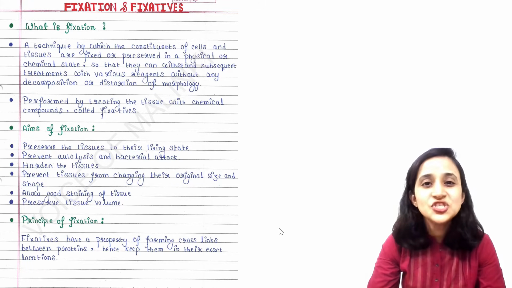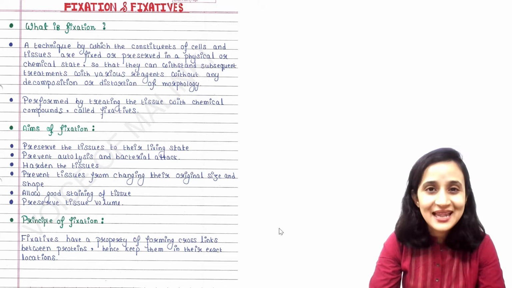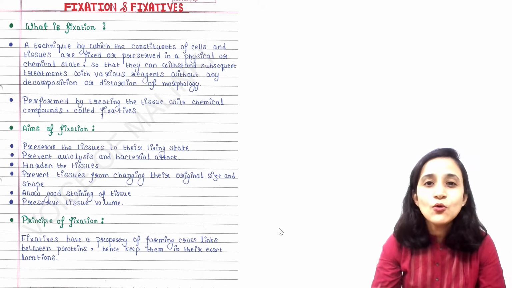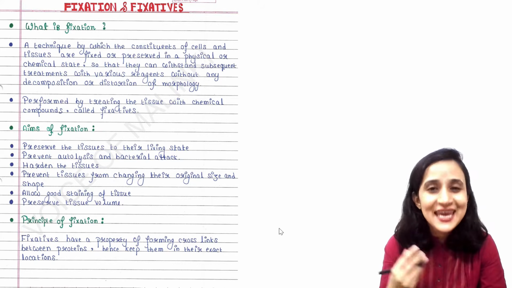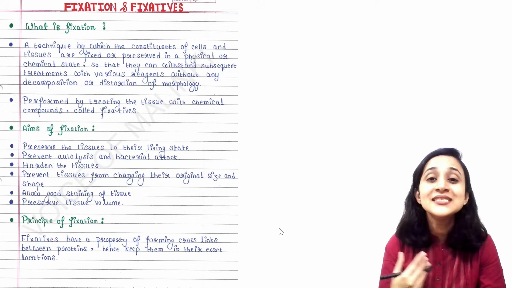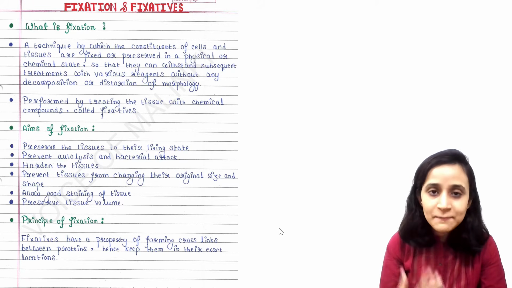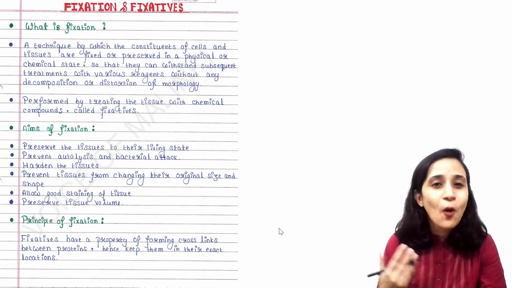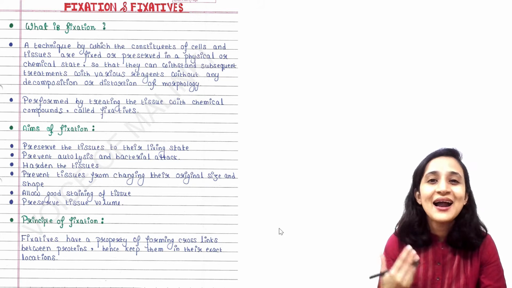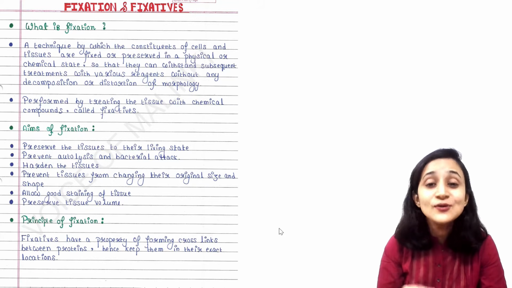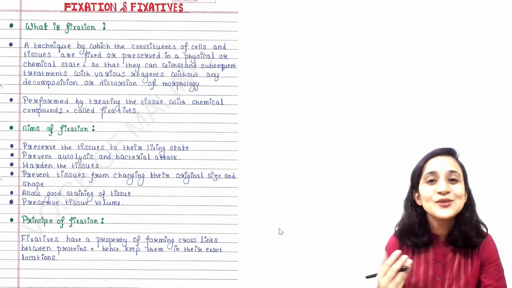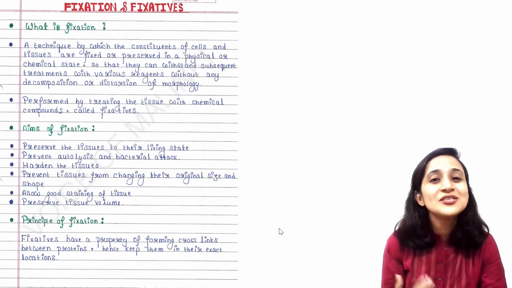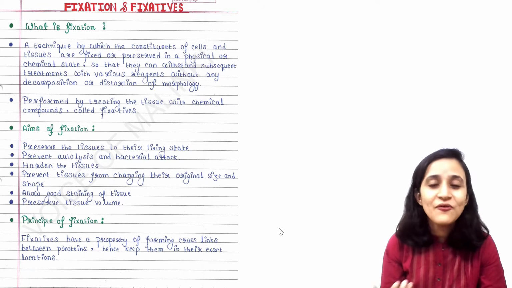If you need to check a tissue or a cell under the microscope, you have to stain that tissue, right? You have to stain that cell because cells are transparent. So you cannot properly see what is happening inside the cell under the microscope. So you have to stain that cell so that it makes a wonderful contrast, right?